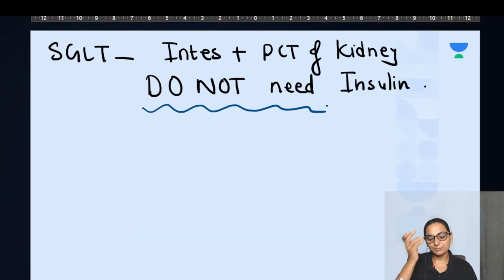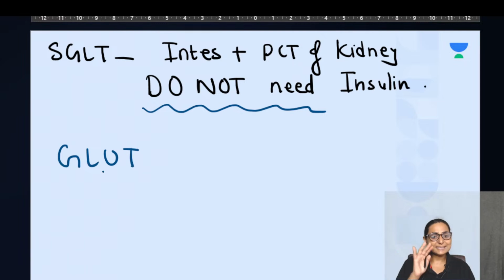This is very, very important. In the intestine, insulin has no role in glucose reabsorption. Seems very weird, but it is a fact. Okay?